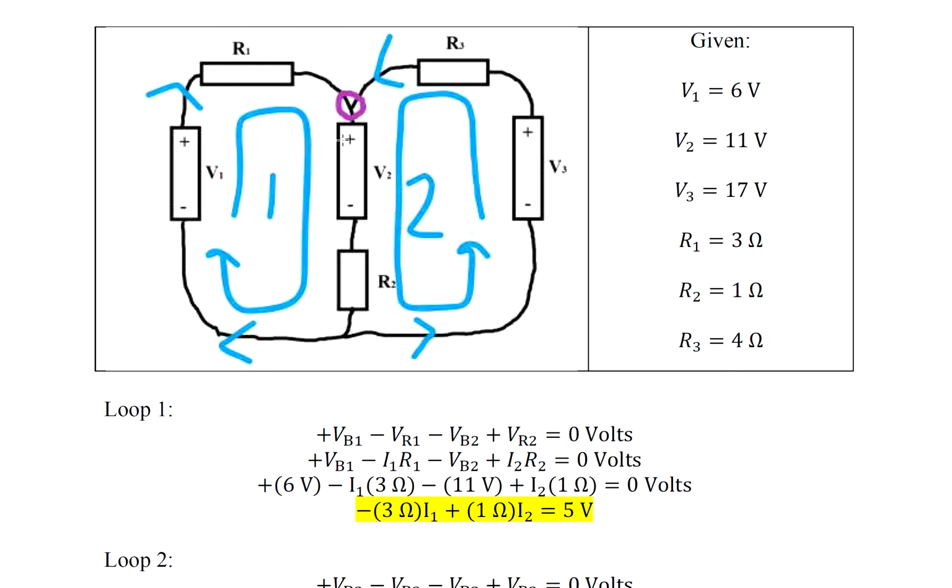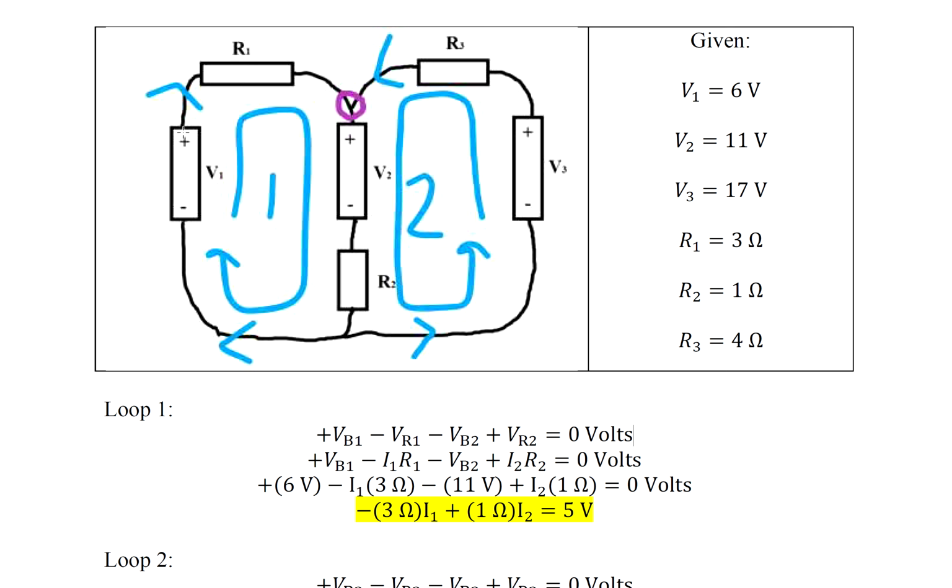It's going to be plus VB1 minus VR1 minus VB2 plus VR2 equals 0 volts. Now, understand where I got the plus signs and the minus signs. I'm starting from the bottom of battery 1 with a negative sign.